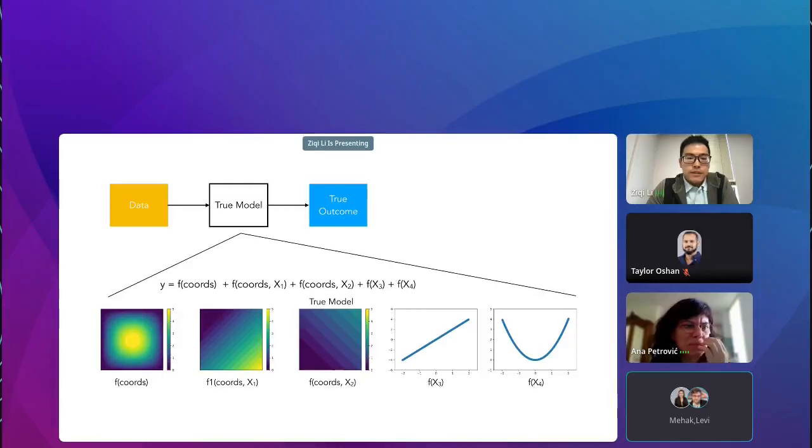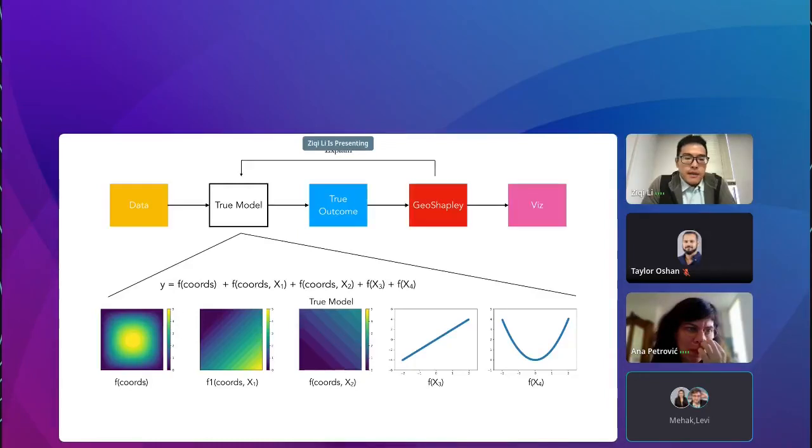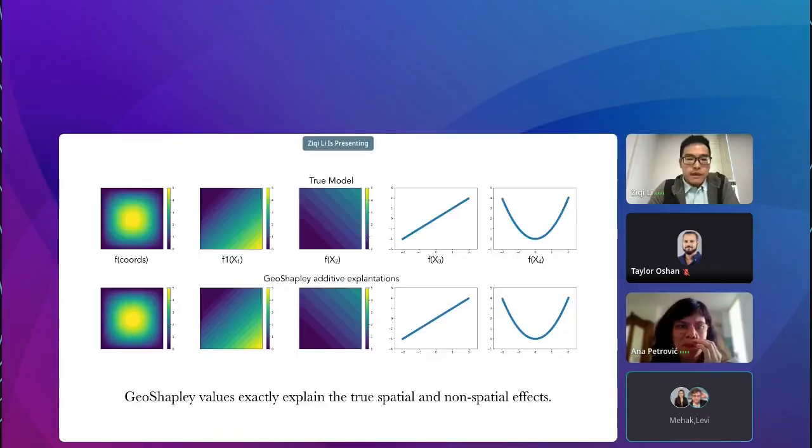I can then use this true model to generate data and the true outcome, and use Geo-Shapley to explain this true model. This is a copy-paste of the true model next to the Geo-Shapley additive explanation, which shows that Geo-Shapley can exactly explain the true spatial and non-spatial effects that I defined in the simulation.